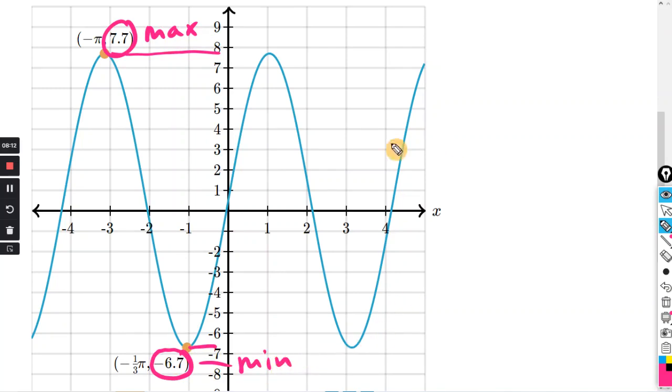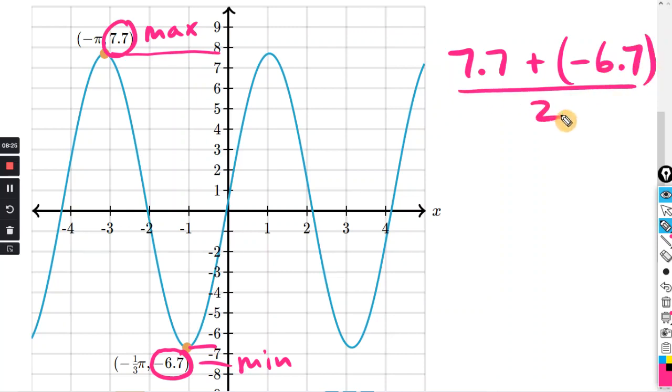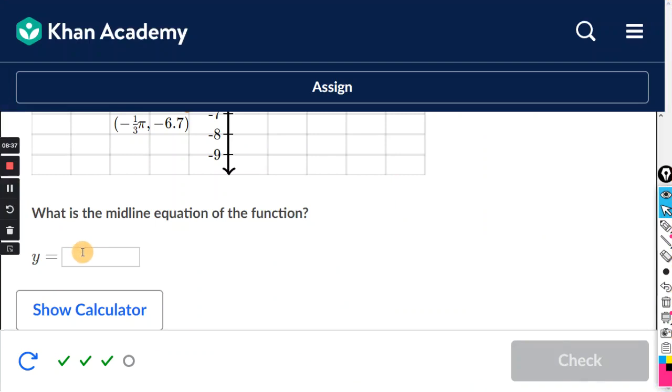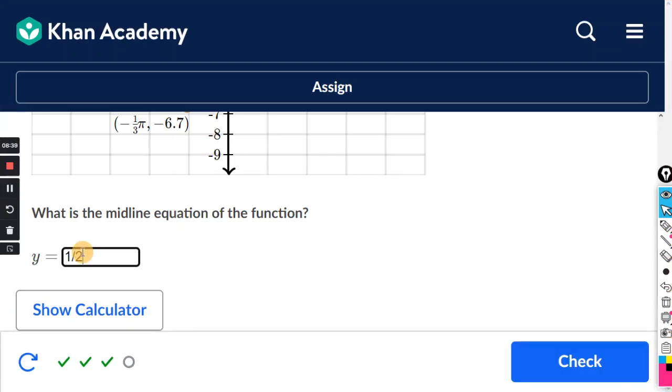So just find the average. We have a positive 7.7, and we add a negative 6.7, and divide by 2. This is positive 1 divided by 2. So y equals 1/2 or 0.5. So right in the box, 1/2.